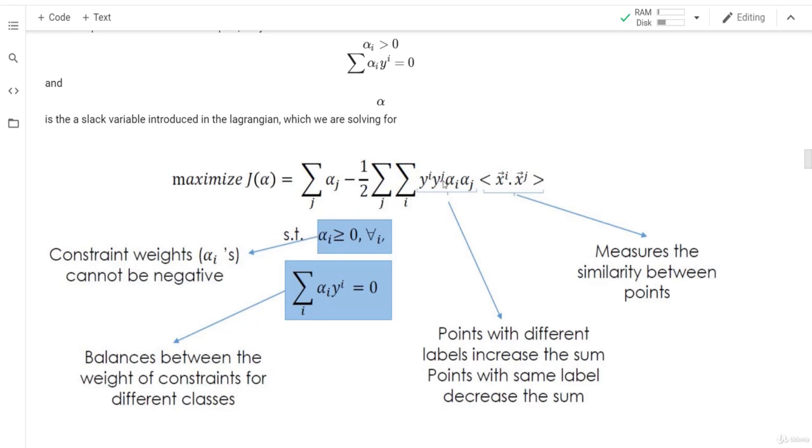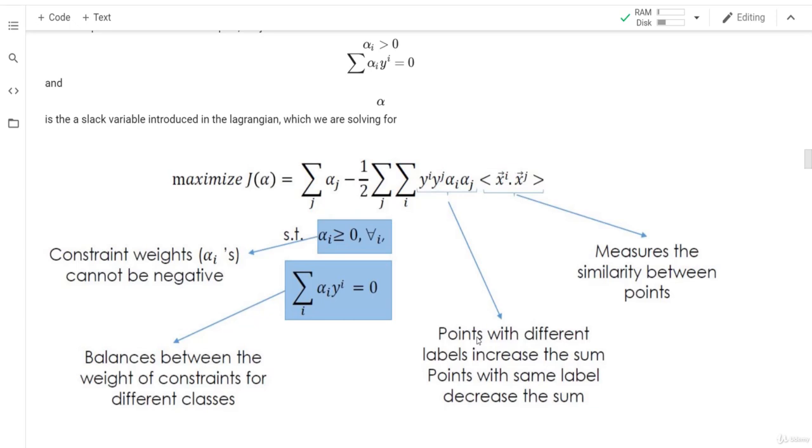If the first example has 1 and the second example has -1, or the other way around, then the multiplication between 1 and -1 is -1, and with the negative sign it will be 1, so it will increase the sum. But if we have the same label, 1 multiplied by 1 is 1, so it will be -1 because we have a negative here. Or if we have -1 and -1, multiplying them together gives 1 also. So points with different labels increase the sum, while points with the same label decrease the sum.